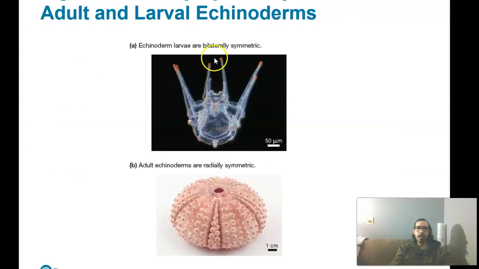So here you can see an echinoderm larva, okay, and they do have bilateral body symmetry. If you divide the body down the middle, it only has one plane of symmetry. Okay, so one side would be the mirror image of the other. But in adults, they have radial symmetry, so multiple planes of symmetry.